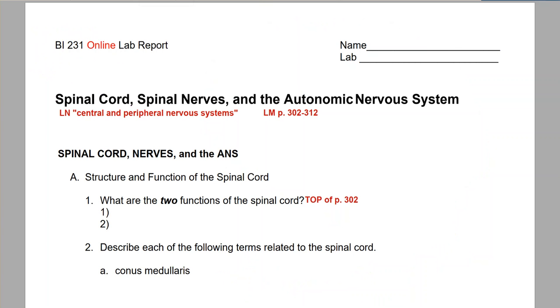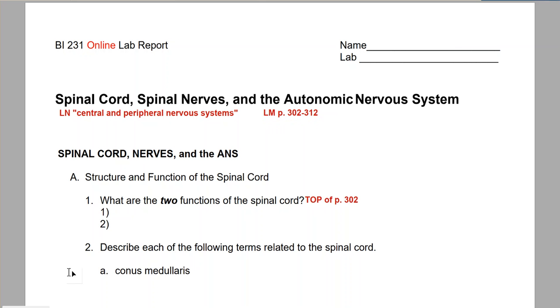So let's come here to your lab report. This is where we start on the spinal cord, spinal nerves, and autonomic nervous system. This is pages 302 to 312 in your lab manual. It's a pretty short chapter.